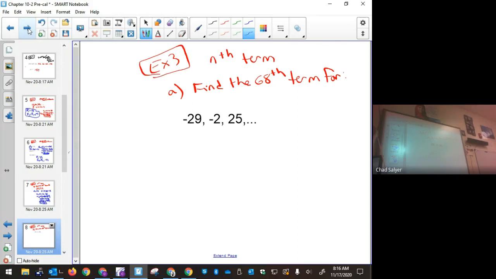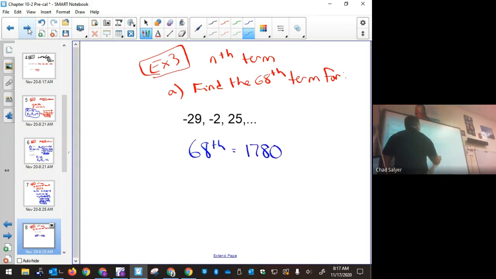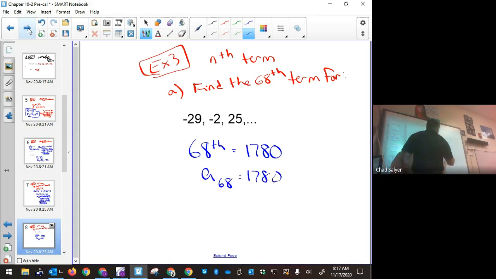Okay. Mackenzie, tell me what the 68th term is here. 1,780. So we usually write it like this, whatever the letter we use to represent the sequence, and then a subscript of the term number. Okay, any questions about that one?